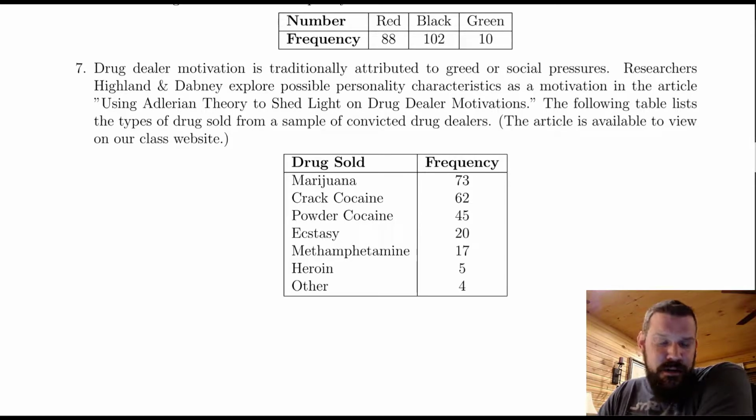Here's an example right here, number 7 on the homework, using Adlerian theory to shed light on drug dealer motivations. That article is published, it's going to be on the website. So you can actually look at some of the data. You can look at how these particular statisticians evaluate and analyze the data. And it might give you some insight into how you may want to conduct your own statistical study.